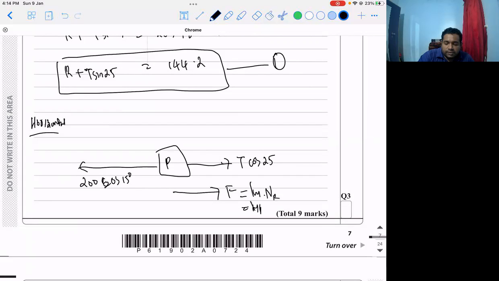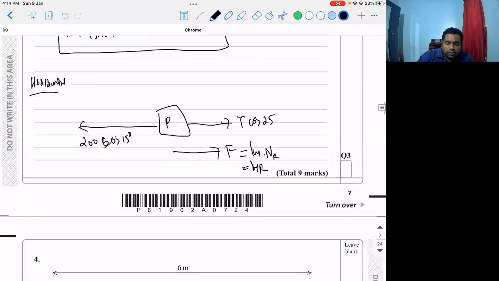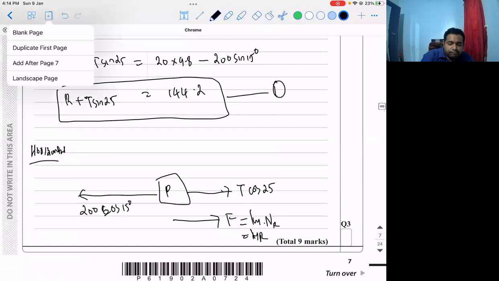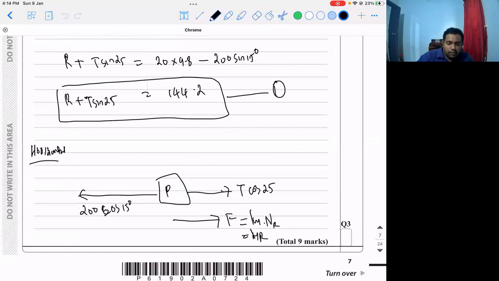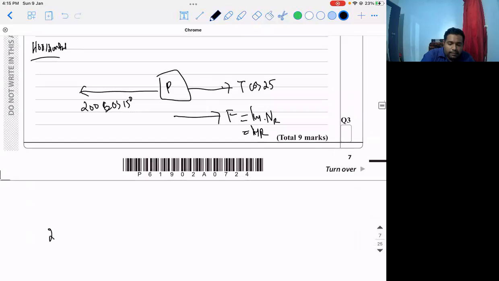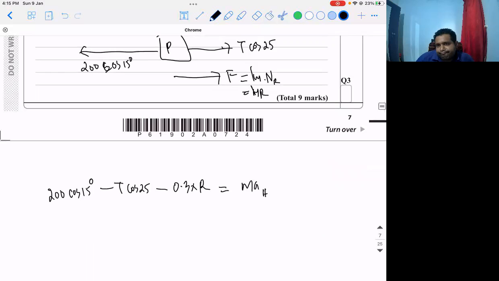That means mu times R, correct? So I will add one more page here. So 200 cos 15 degree minus T cos 25 minus 0.3 times R, because normal reaction is unknown, right? And that is equal to mass times acceleration in the horizontal direction. Since the particle is in equilibrium, this value is equal to 0.